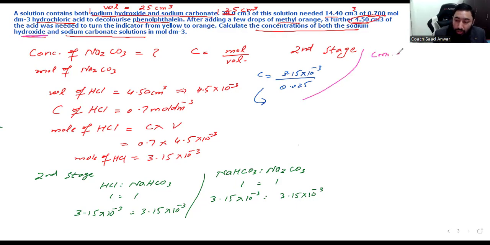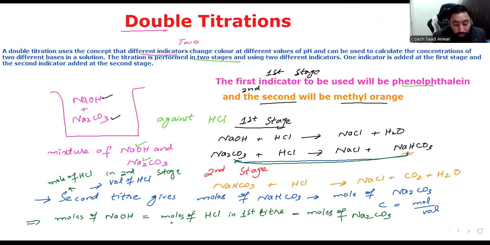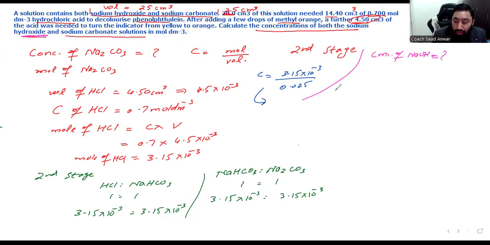For the concentration of sodium hydroxide, remember, as we discussed, we need the moles of HCl in the first stage minus the moles of sodium carbonate. First, find the moles of HCl in the first stage. You can see this is the volume and this is the concentration.